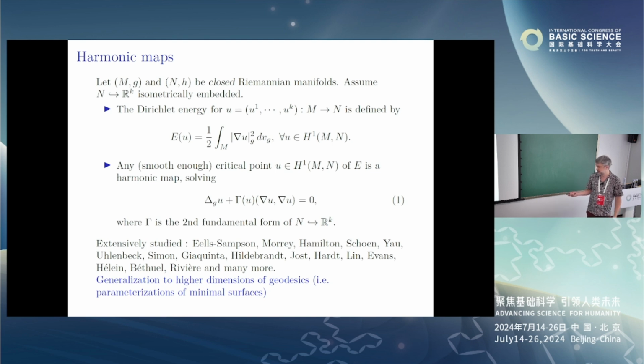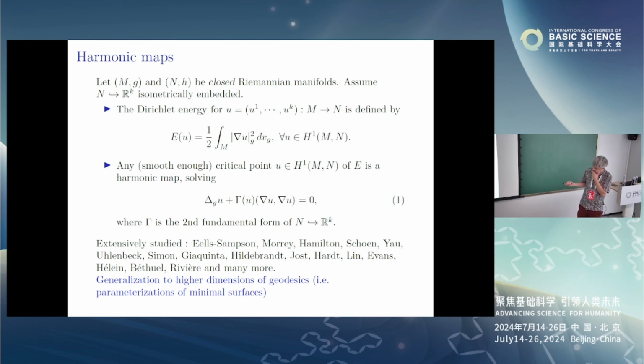So it's, of course, related to minimal surfaces. And it's been studied by a huge number of people, so I apologize in advance since I don't quote everyone. In particular, there are many major contributors in this conference.